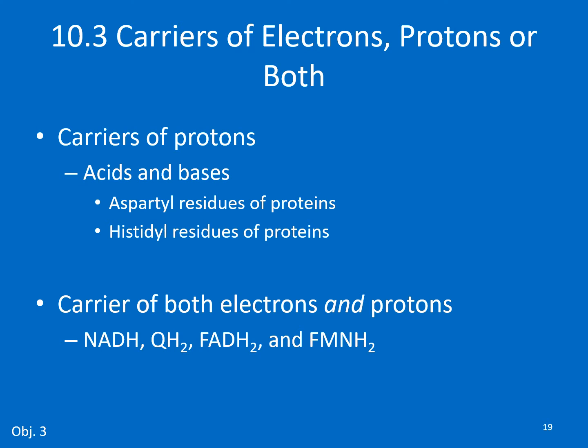So these are the ones you know and love: NADH, QH2, FADH2, and FMNH2, which is another flavin related to FADH2. These carry a proton in the form of H and electrons attached to that hydrogen right there. These are typically called hydride transfers, I suppose.